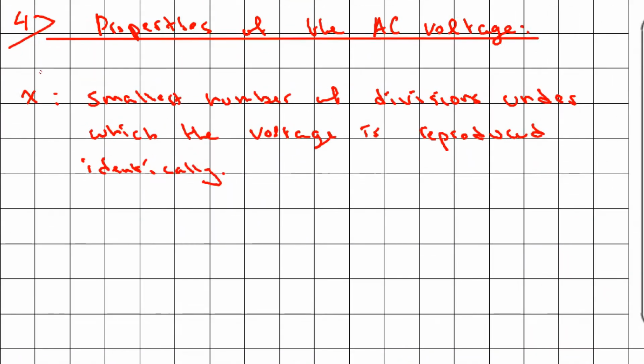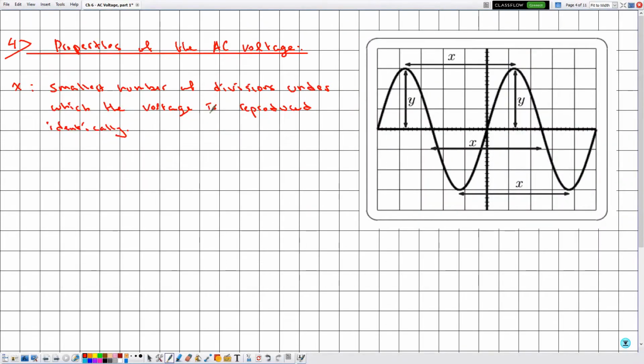So here X represents the smallest number of divisions under which the voltage is reproduced identically.